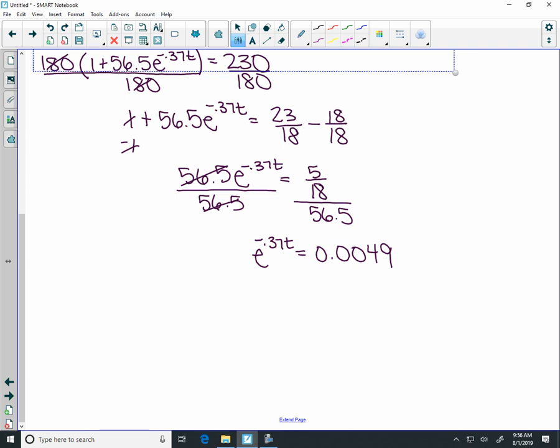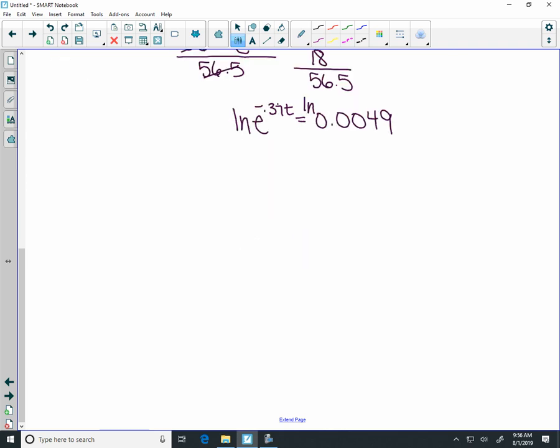But now we're incredibly close to getting our T unpacked. So in order to bring that negative 0.37 T down, we need to take the ln of both sides. And then I'm going to divide by negative 0.37.